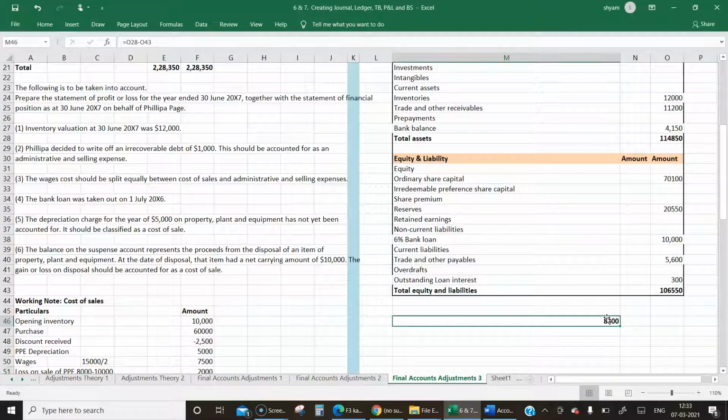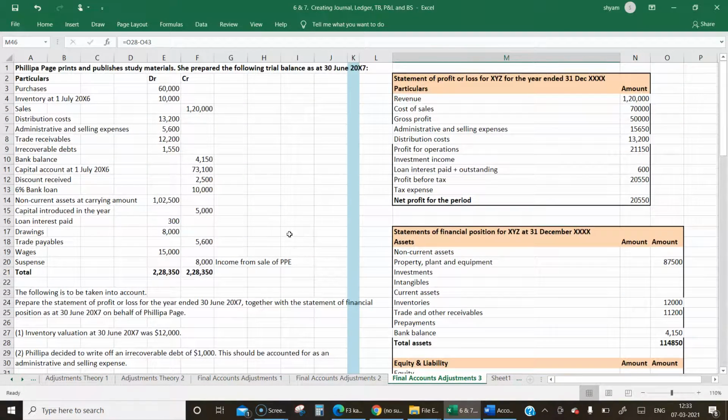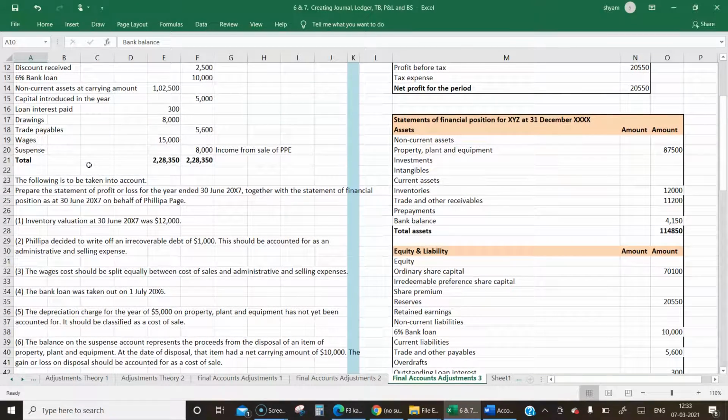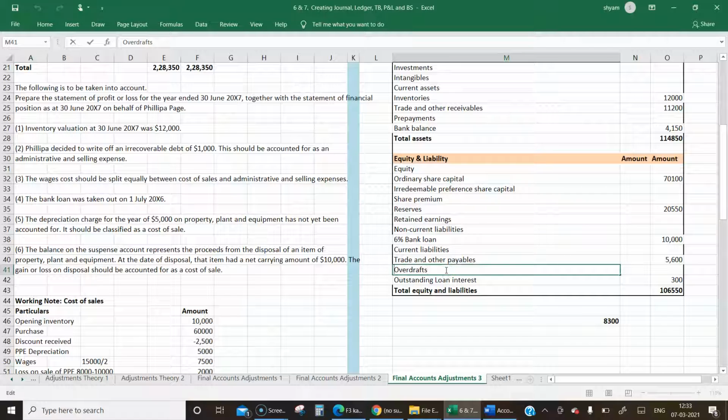If you look, the bank balance is not an asset, it's on the credit side. So we could not put the bank balance here. It's actually a bank overdraft, so we have to put that number here. That is one mistake that we have made.